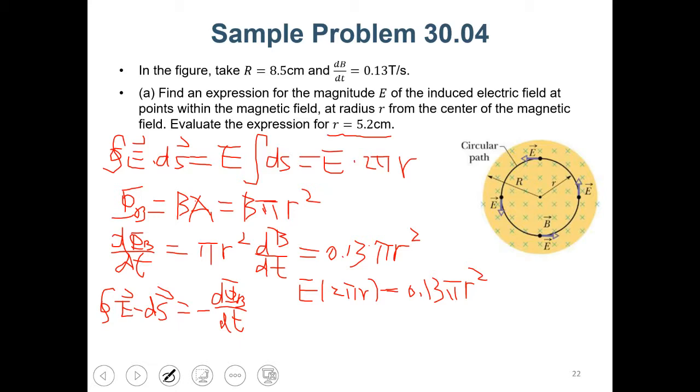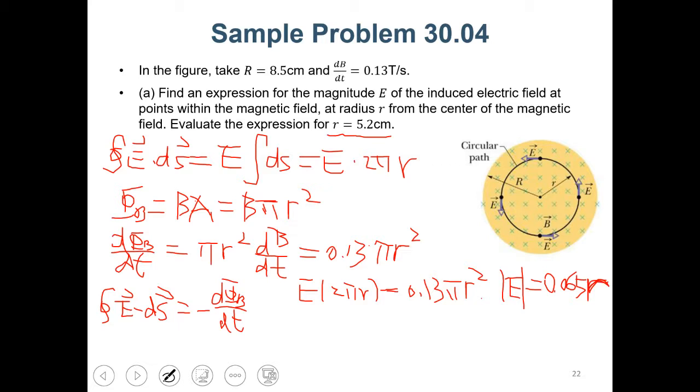So it turns out the magnitude of E will be nothing but 0.065 r.